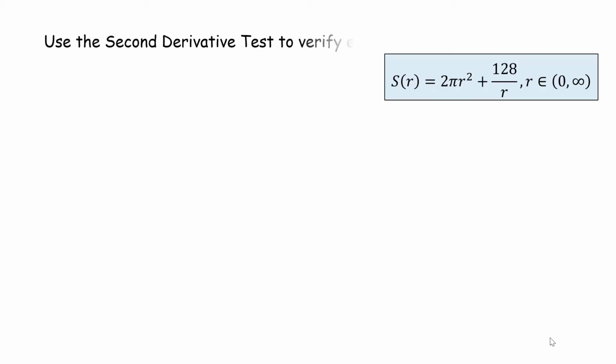Let's use the second derivative test to verify extrema. That is, we need to use the second derivative test to see if that critical value we obtained gives us the minimum we desire. The first derivative is s prime of r equals 4 pi r minus 128 divided by r squared.